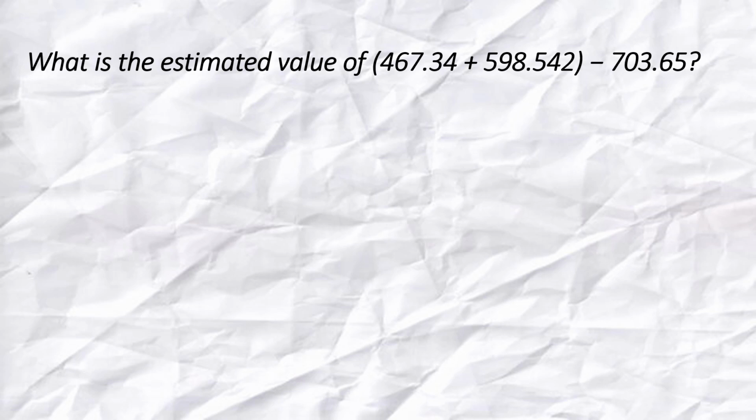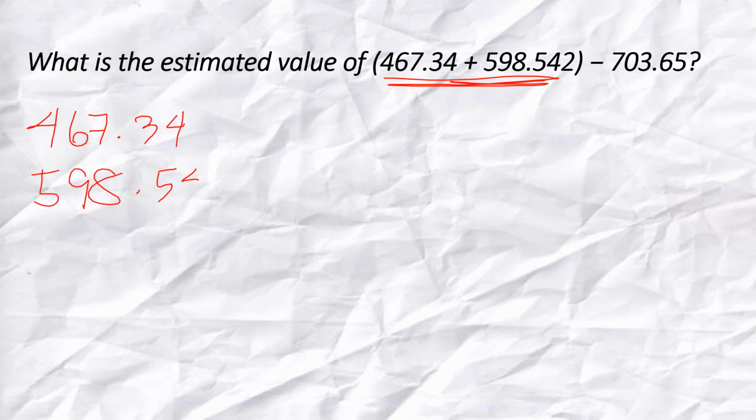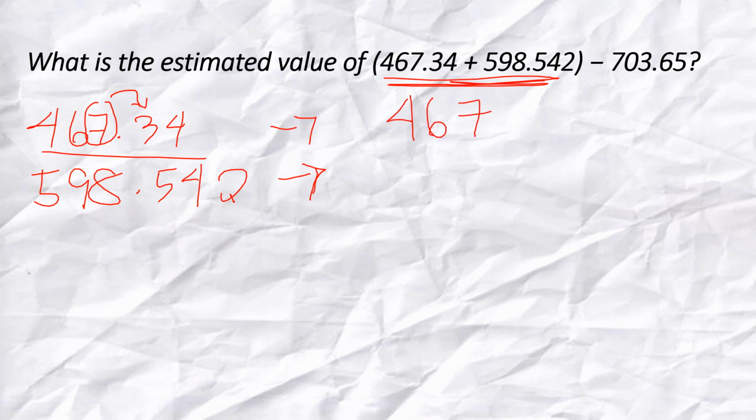Next, let us now solve the last number. So find the estimated value of this given. So we need to look for the sum of this first. 467.34 and 598.542. So round off, this is 7. The number beside it is 3, so it will stay as 467.